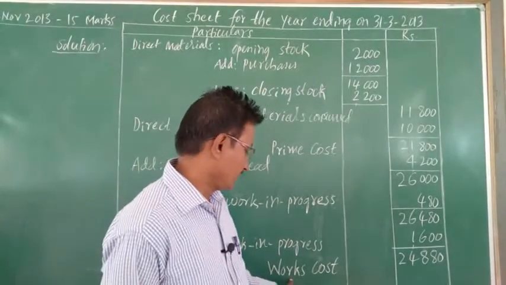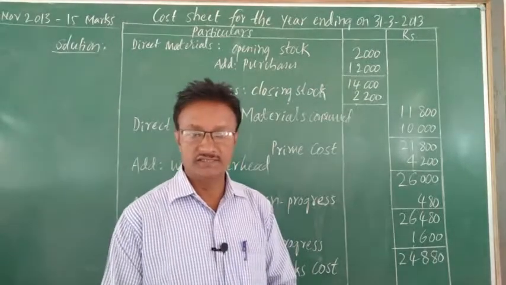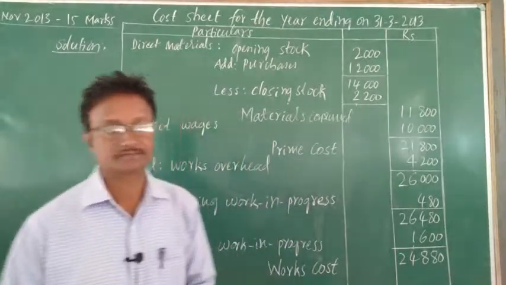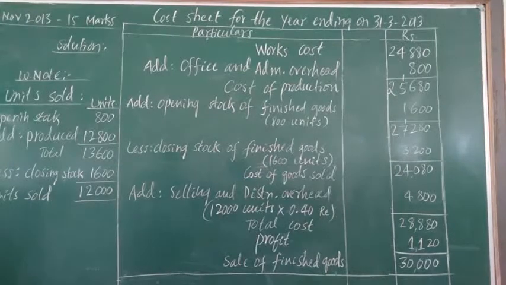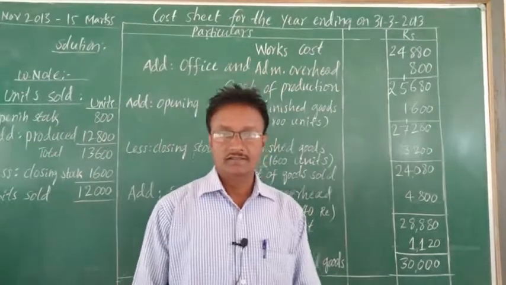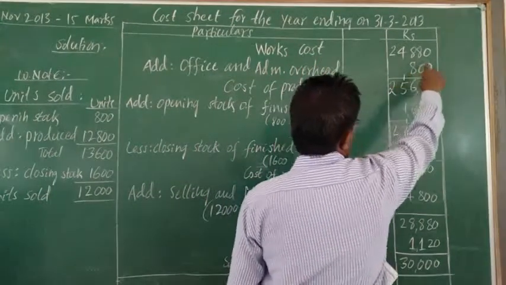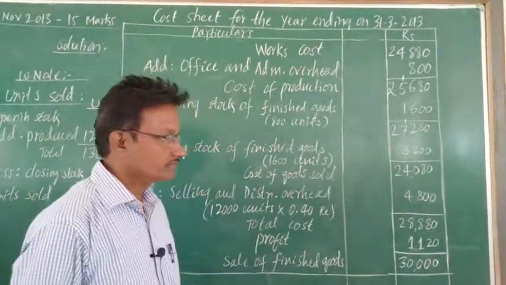Next, we have to add office and administration overhead to get the cost of production. Here the works cost is 24,880.